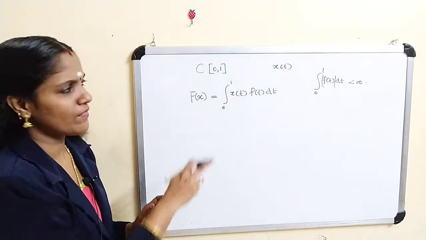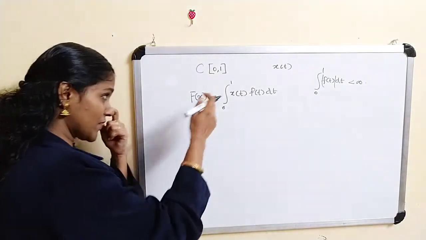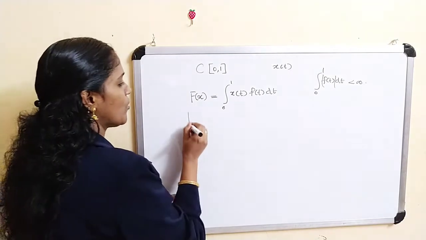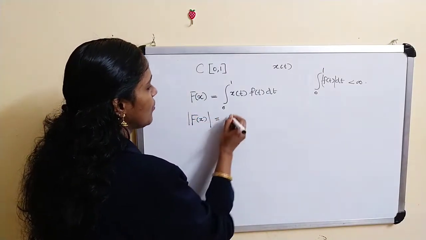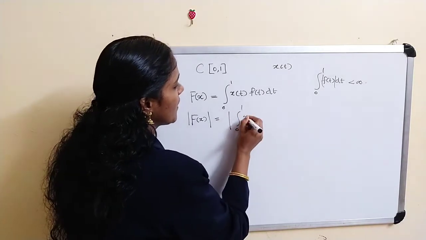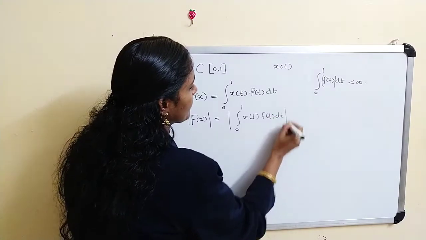Okay, any integrable function of C[0,1]. Now what about modulus of F of x? Modulus of capital F of x is equal to modulus of integral 0 to 1 of x(t) f(t) dt.